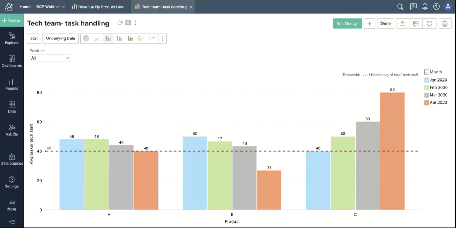Now, analyzing product C, you can see a steady increase in the tasks handled by a tech team from 40 to 80. It's doubled in the last 4 months. Now, that needs attention. So, as a first step in workforce optimization, you might want to consider reshuffling your team.